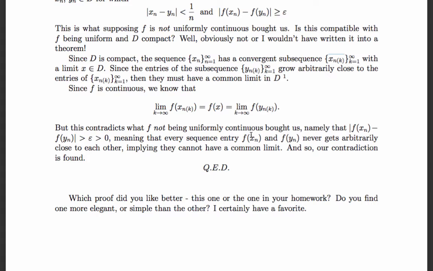So they can't have a common limit. But that contradicts the fact that f is continuous. And we've found our contradiction, and we've proven the result.